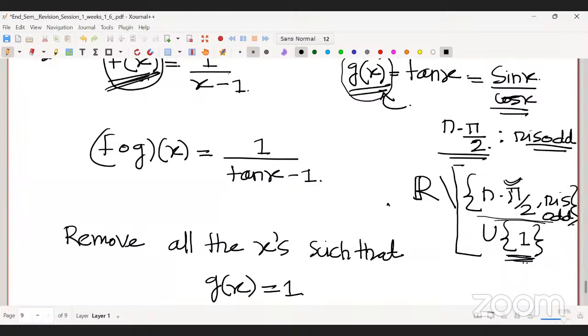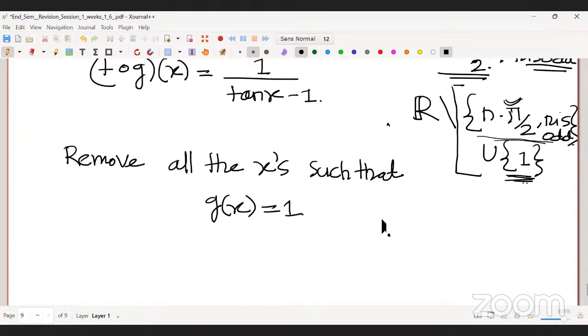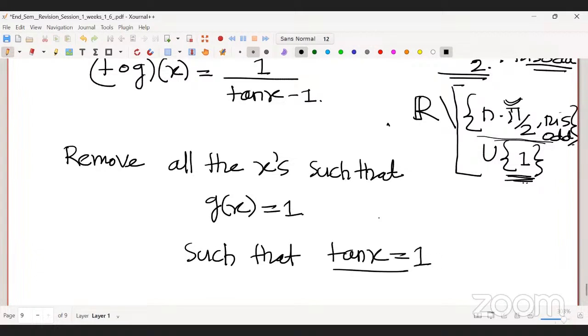So I also need to remove all these x. Basically, you need to find all the x such that tan of x is 1, right? 2n plus 1 times pi by 4. Probably, yes, this is correct.